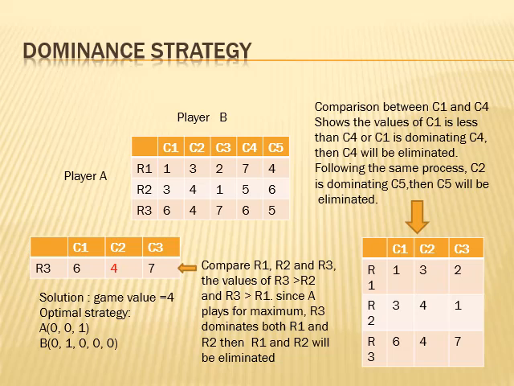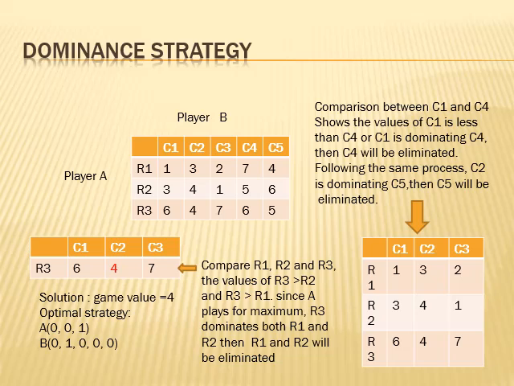It is a minimum value because player B plays for minimum, while player A plays for maximum. We ignore player A because he has only one strategy, R3, and player B has 3 strategies, C1, C2 and C3. That's why we choose 4 as the game value.